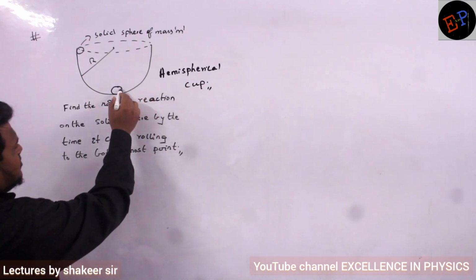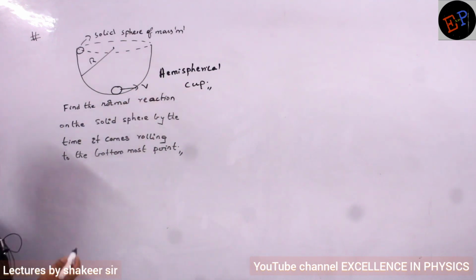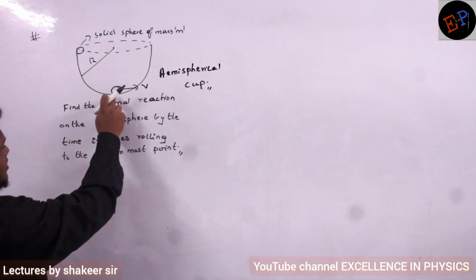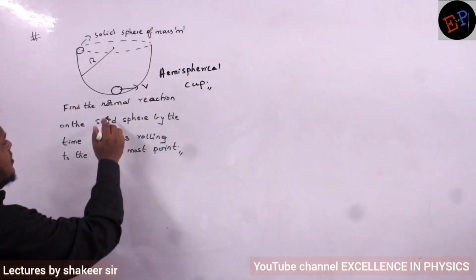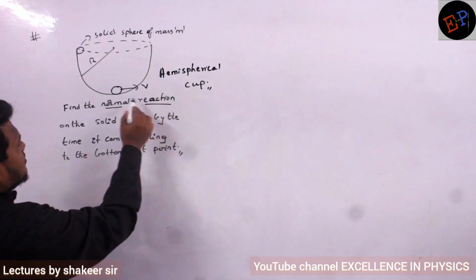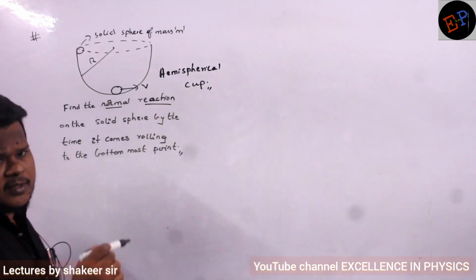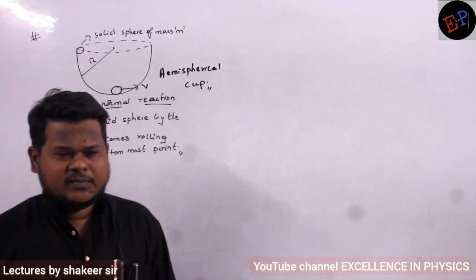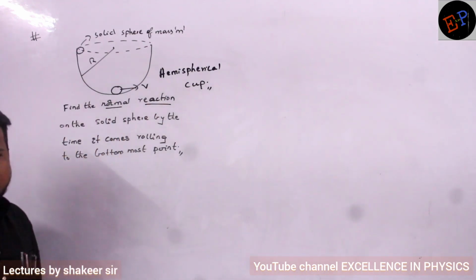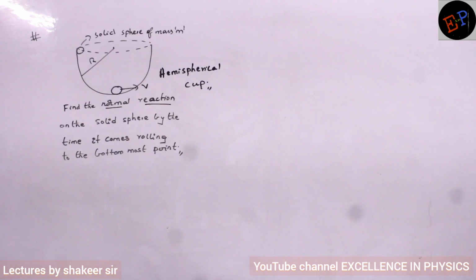So let that velocity be some v. Are you able to understand? Then by the time it comes to the base of this hemisphere, we are supposed to find out the normal reaction acting on this solid sphere because of the hemispherical cup. That is what I want to calculate. Okay? Can you say how I can do this calculation?